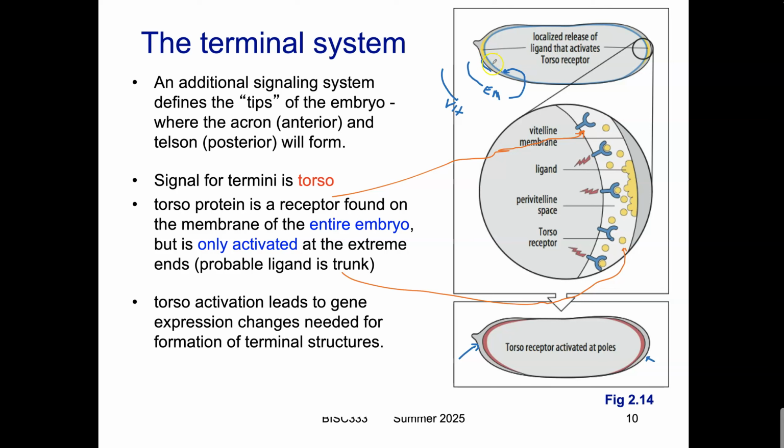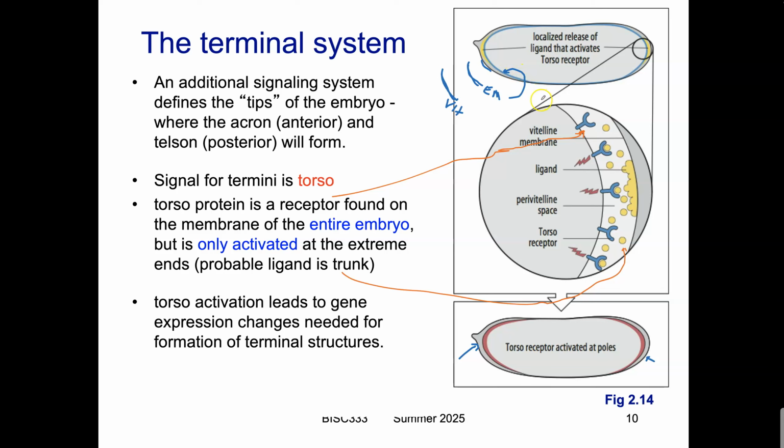So you've got these 2 different membranes, and there's a lot of signaling and so on that happens between the vitelline envelope and the egg membrane. So there's this little place called the perivitelline space. And you'll see that in the text, and we'll talk about it in the class as well.